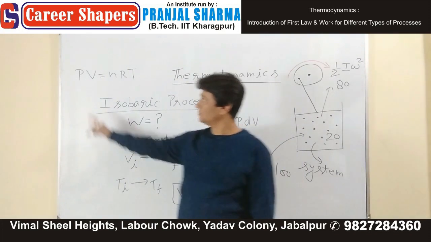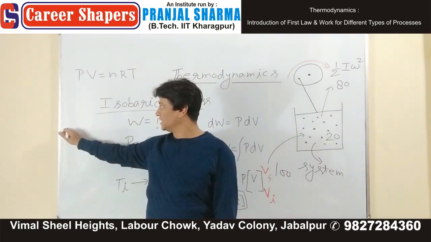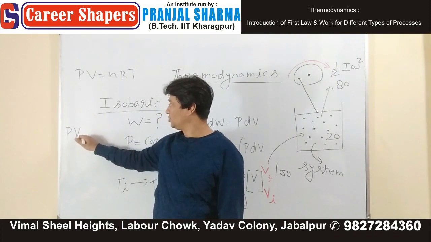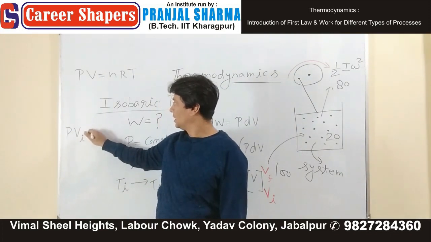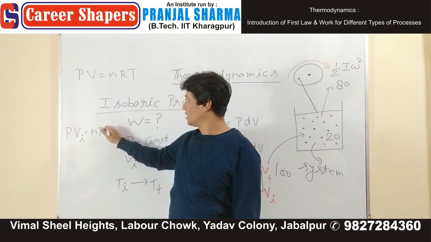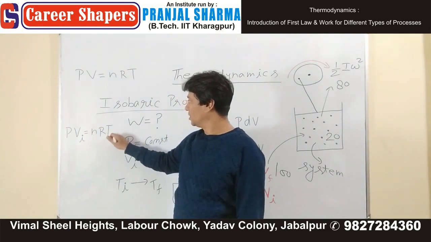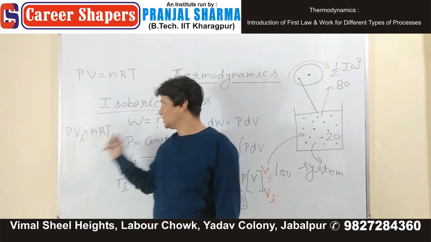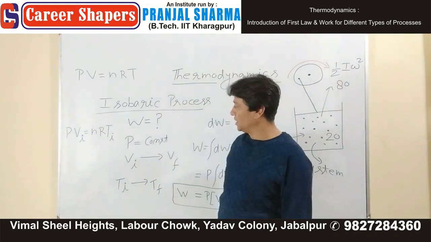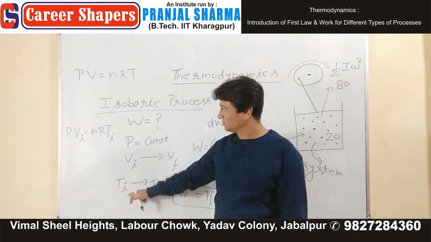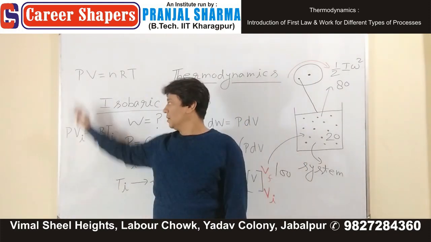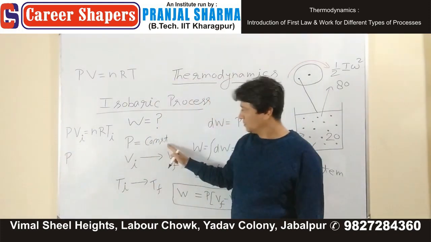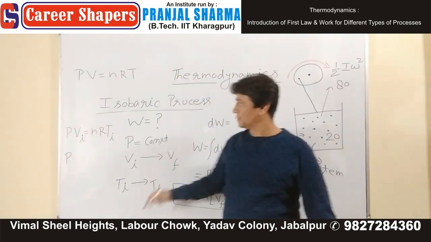This equation tells us when pressure is P, volume is V initial, and nRT initial, where n is the number of moles, R is the gas constant, and T is T initial. Then pressure is P, it's not changing, pressure is same.